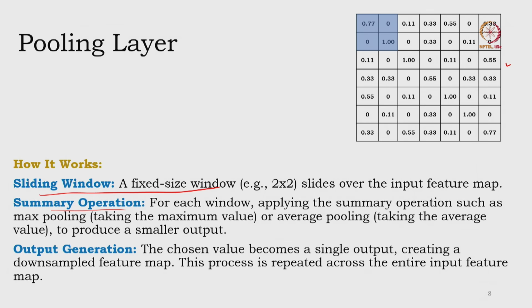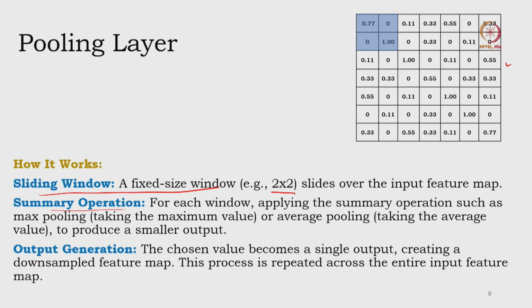The summary operation is whether you want to consider the highest value, the lowest value, or the average of all. So first, fix a window of fixed size. Here in this example we are considering 2 cross 2, and this window will slide over the entire feature map. Then we have a summary operation.